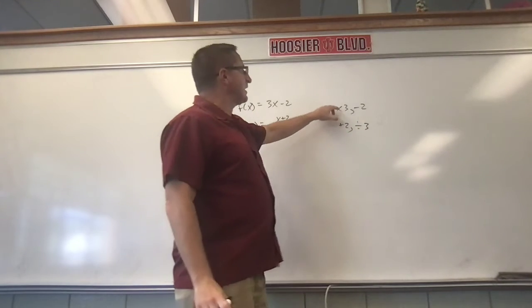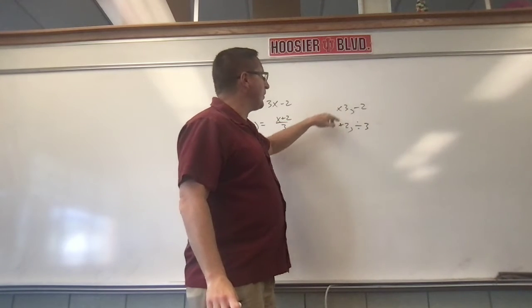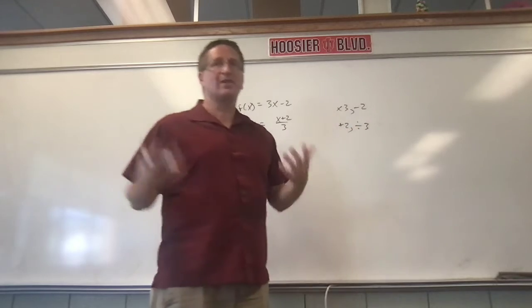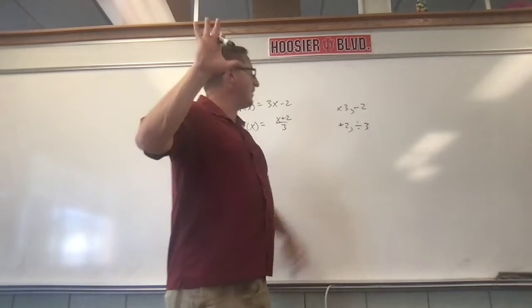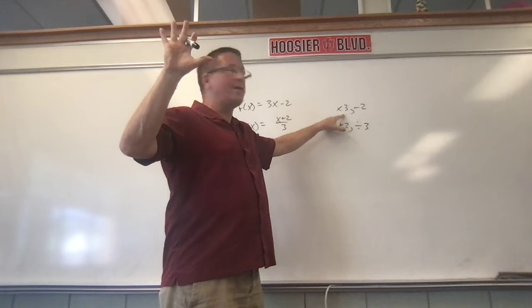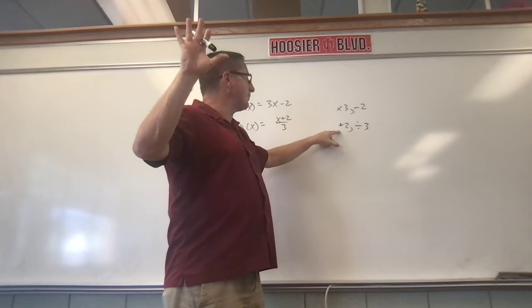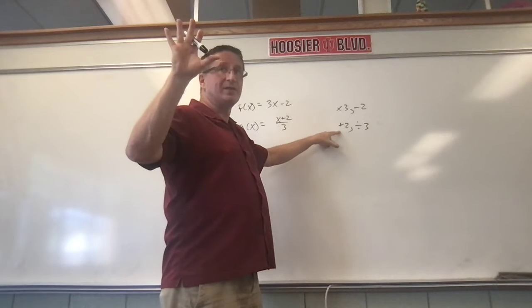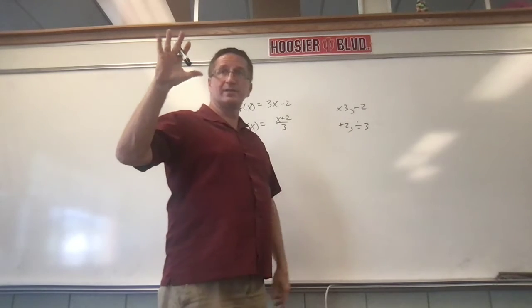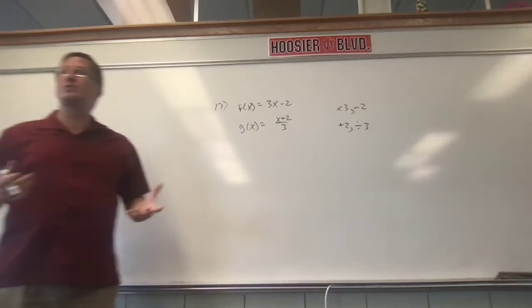Instead of timesing 3 and subtracting 2, you add 2 and divide by 3. You're back where you started. If you take 5, times 3 is 15, minus 2 is 13, 13 plus 2 is 15, 15 divided by 3 is back to 5. It just undoes what you did.